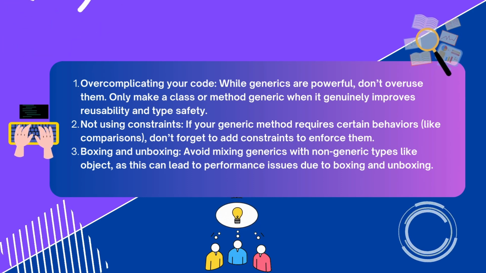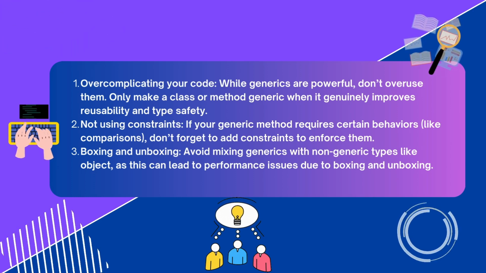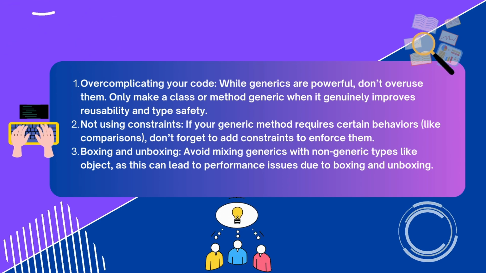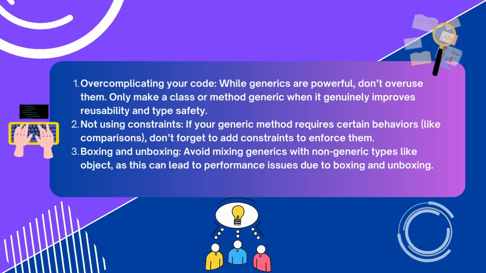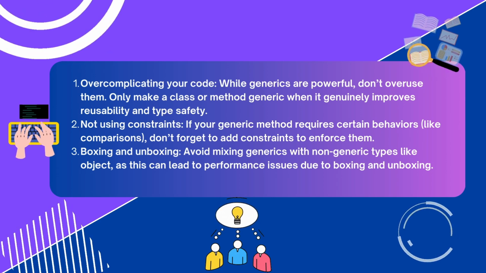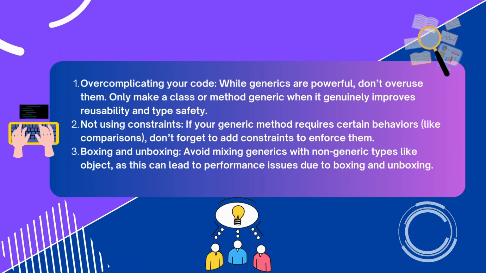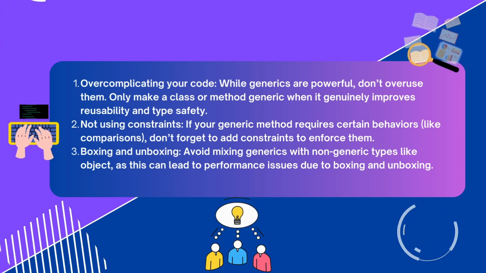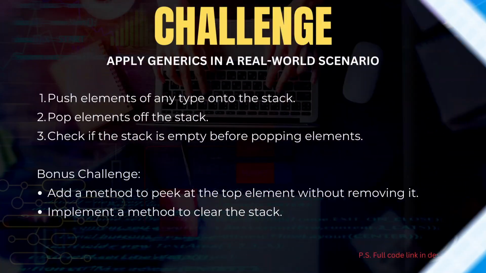If your generic method requires certain behaviors, like comparisons, don't forget to add constraints to enforce them. 3. Boxing and unboxing. Avoid mixing generics with non-generic types like object, as this can lead to performance issues due to boxing and unboxing. By keeping these pitfalls in mind, you'll be able to make the most out of generics without introducing unnecessary complexity.